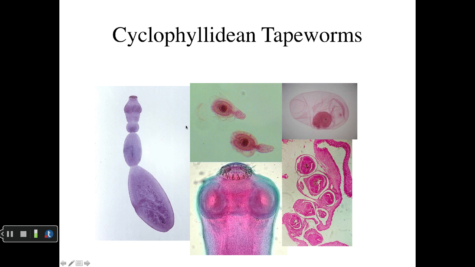Here you can see different types of larval stages, which we'll be talking about a bit later. Here, here, and here. And here you can see the close-up of an armed scolex, a scolex that has acetabula, the suckers that are prominently shown, and the rostellum with hooks.